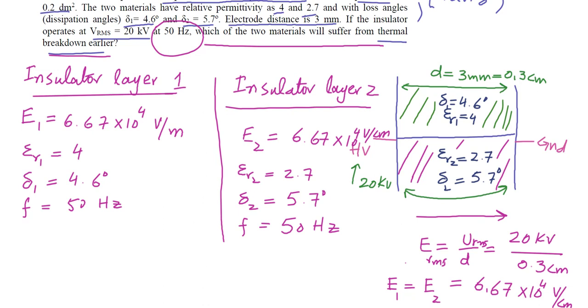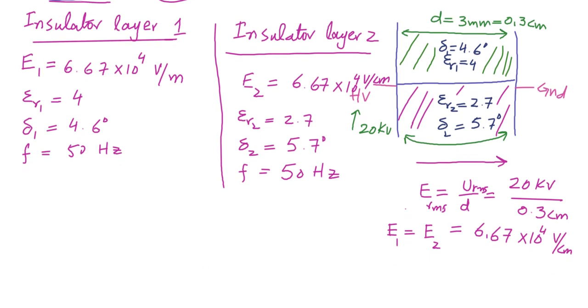So we have almost all the ingredients to determine the heat being produced. So we will calculate W1, the heat produced in insulator layer 1.